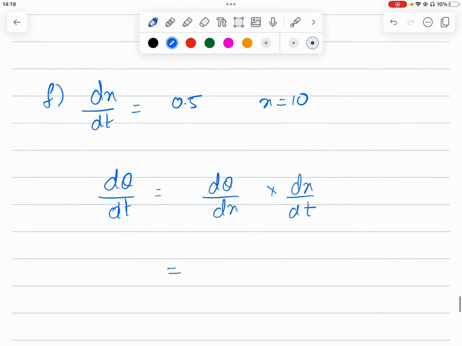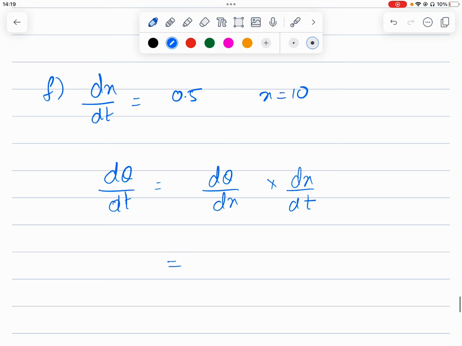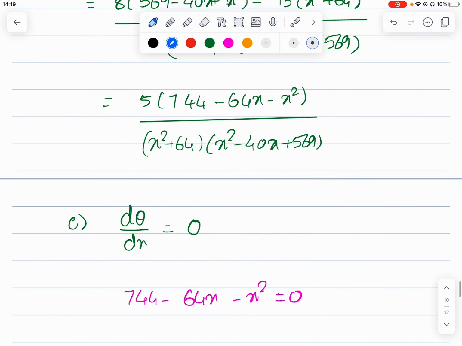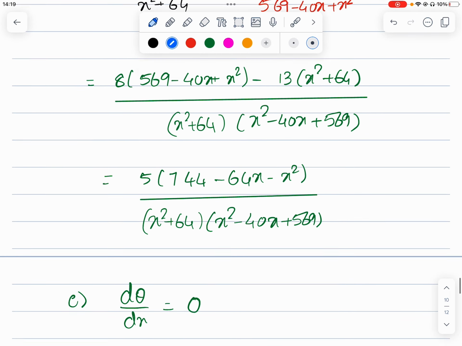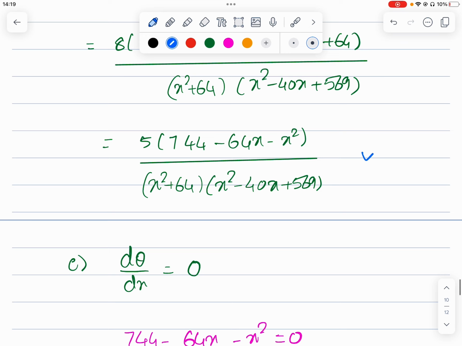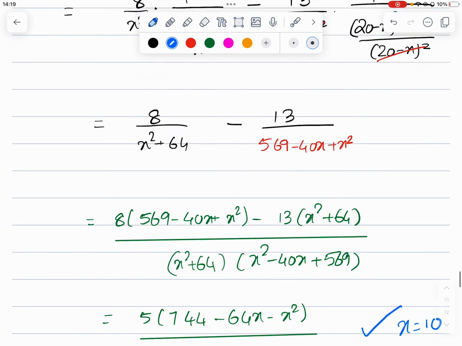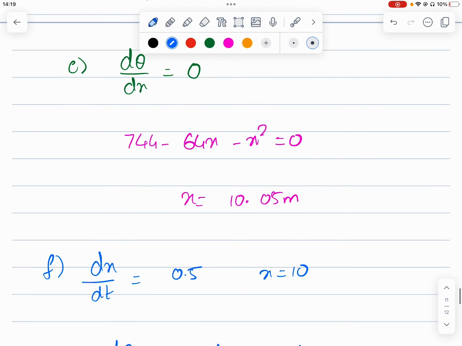We are going to find it out. I take d theta upon dx at x equals to 10. So plug in 10 over here. This is d theta upon dx.